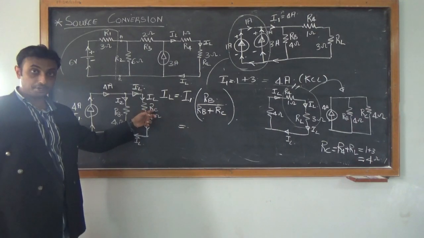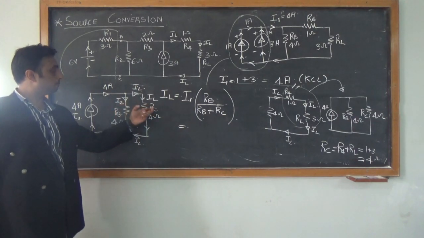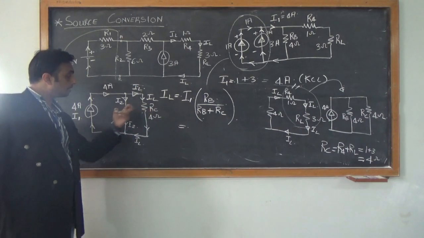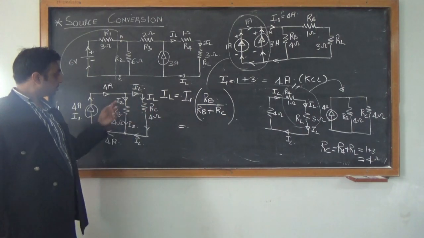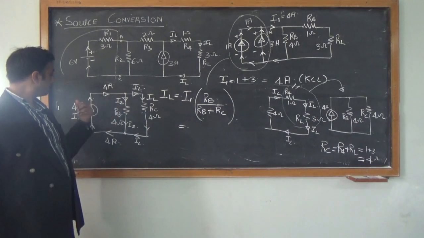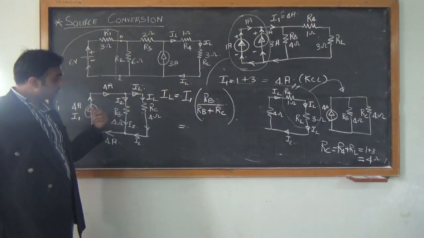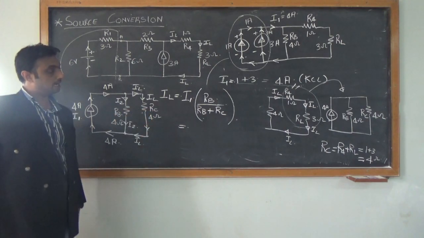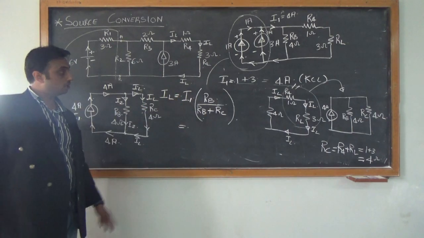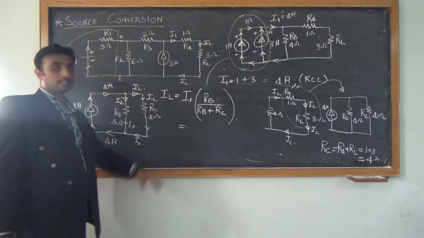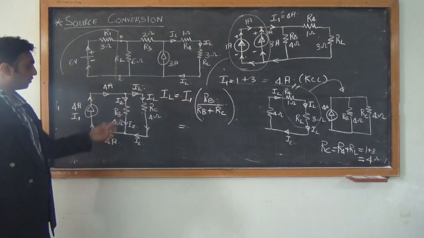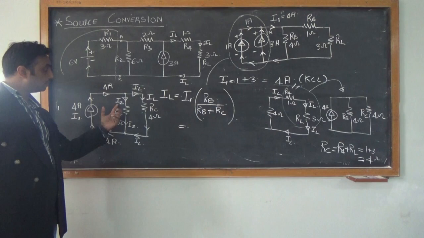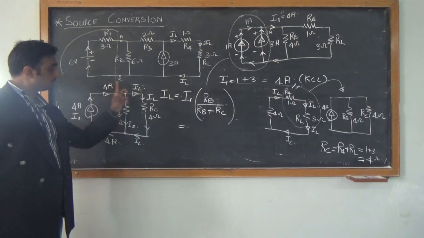So I1 into RC divided by the combination of RB plus RC. So I2 will be equal to I1 into RC divided by RB plus RC, which is the same as this, only that the resistor is shifted. So if you want to find out the value of I2, always remember you have to take the opposite resistor.